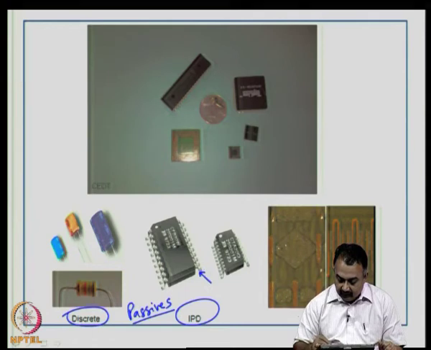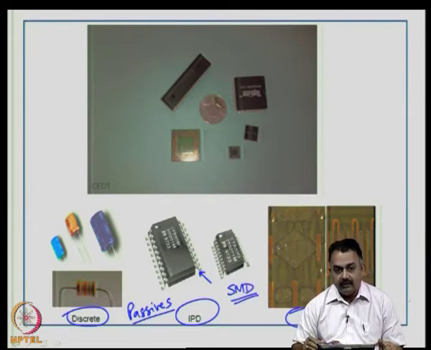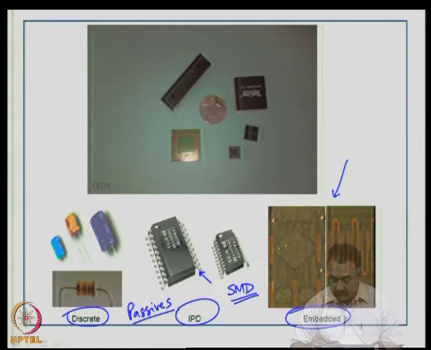And then today we are moving into, of course, there is surface mount here which cannot be ignored, but we are still moving further into embedded passives. This is a picture showing you that the resistors and capacitors can be generated in situ while you fabricate the printed wiring board on an organic substrate or a ceramic substrate, and therefore, you can do away with using discrete and integral passive devices.